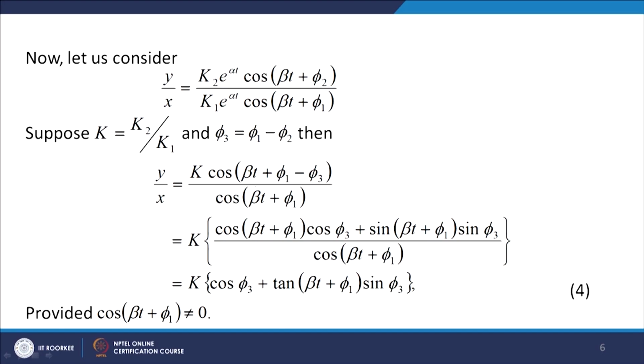Let us expand cos of beta t plus phi 1 minus phi 3. We will have cos of beta t plus phi 1 into cos phi 3 plus sin of beta t plus phi 1 into sin phi 3, divided by cos of beta t plus phi 1. So, when we divide by this, assuming that cos of beta t plus phi 1 is not 0, what do we get? y over x we get as k times cos phi 3 plus tan of beta t plus phi 1 into sin phi 3.